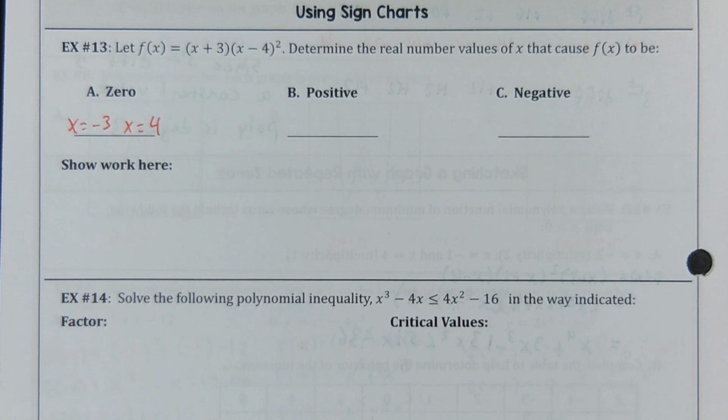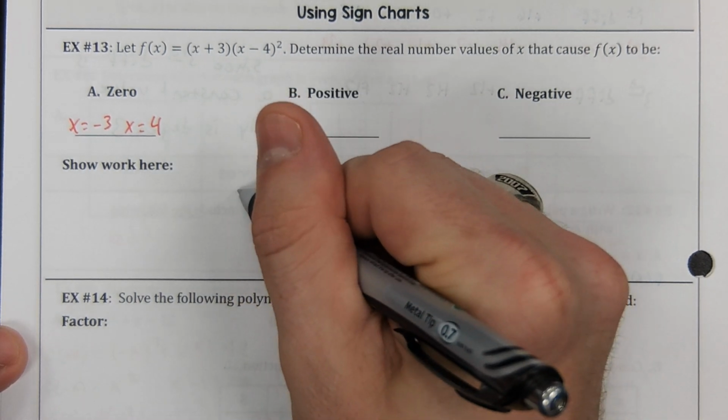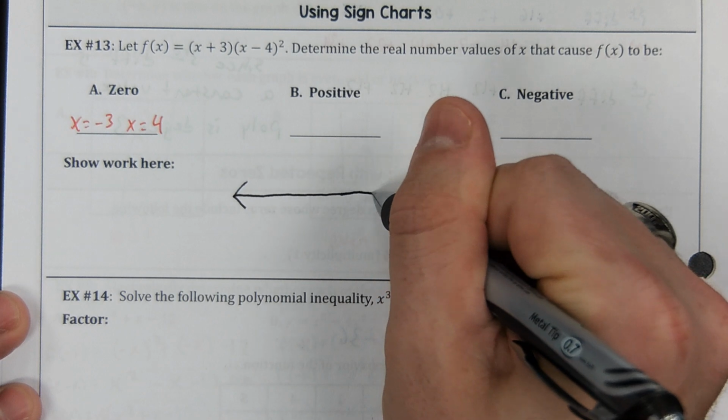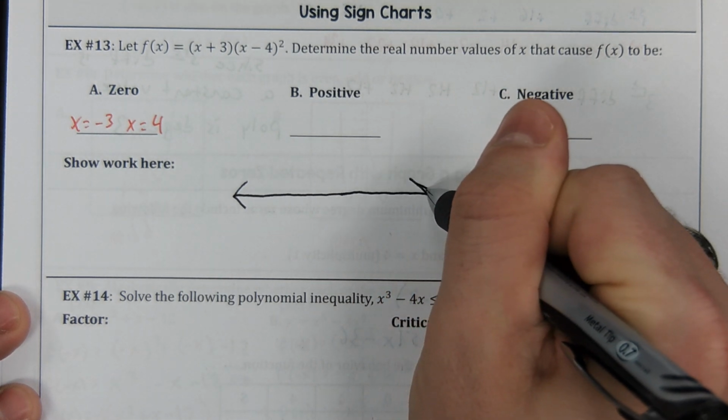What we're going to do here is put our two zeros, known as critical values, on a sign diagram, or a sign chart, sometimes called. I prefer sign diagram. And we use a sign diagram because we are literally going to be looking for pluses and minuses.